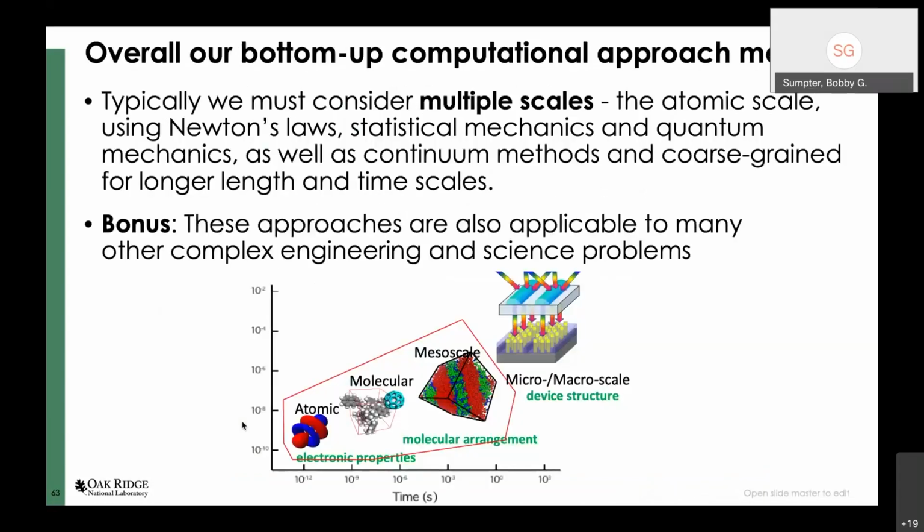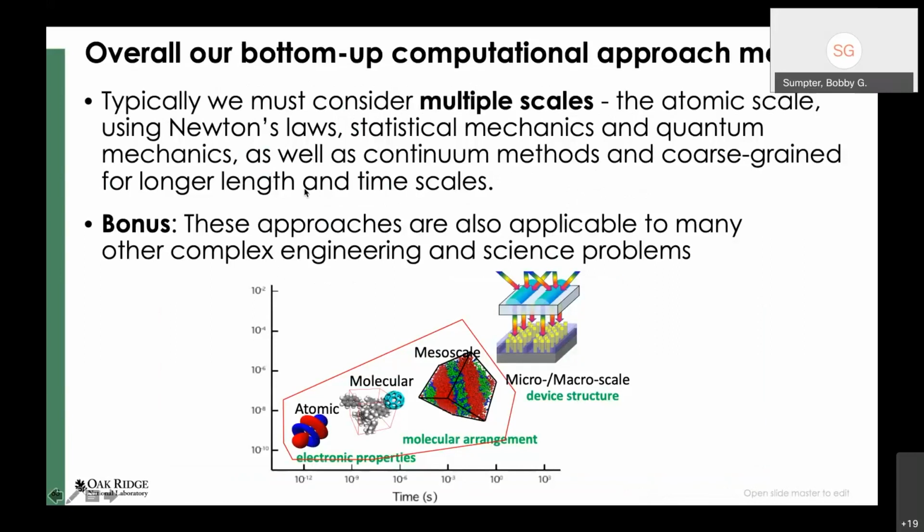So sort of completed the full gamut of length and time scales that we can do simulations on from the bottom up, or I started from the top down actually, from the atoms and electrons all the way up to the continuum scale. And this multiscale approach is typically what people use.